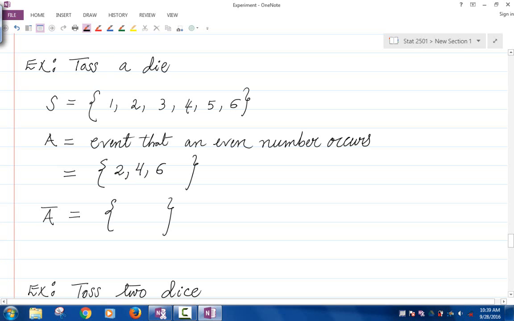So what is A complement? Yeah, A complement would be 1, 3, and 5. You're looking for the complement of A in the sample space, right? The sample space is the universal set when you look at the complement. Any questions on that?